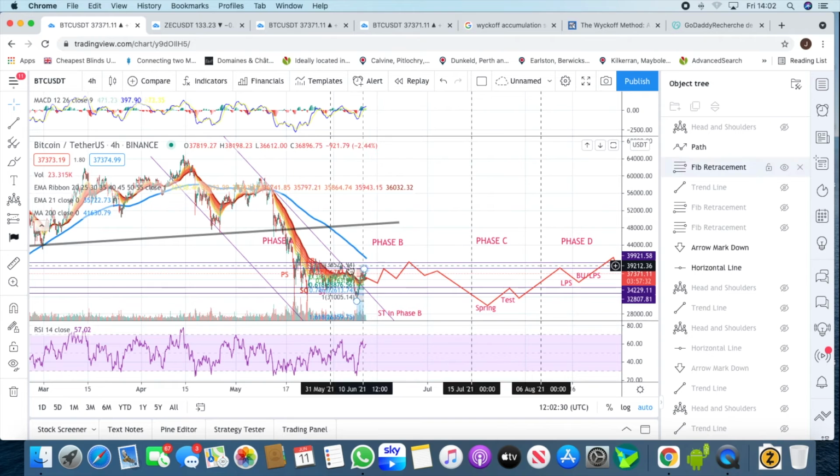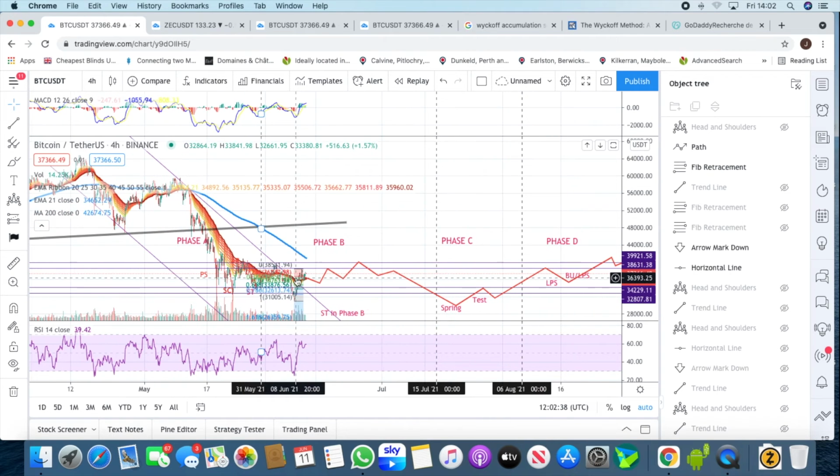I think it's likely to be a longer period of accumulation, which means to me that we're only just entering phase B, which means we'll get rejected by the 200 moving average on Bitcoin, and we'll come down in this direction, and we'll fiddle around here, going sideways up towards another test of the top range of the accumulation range.